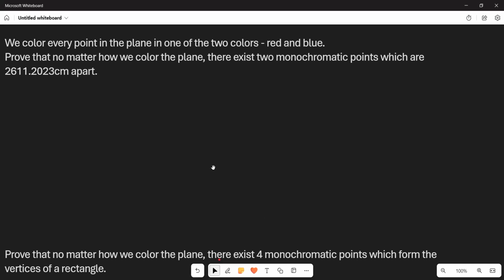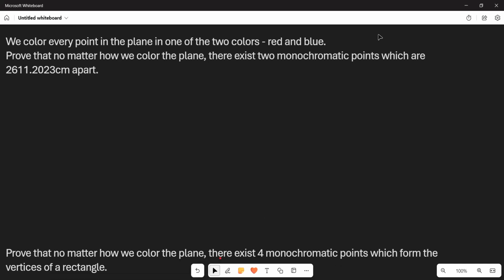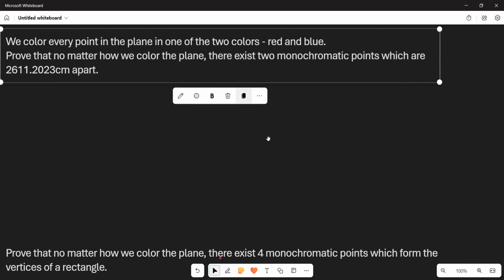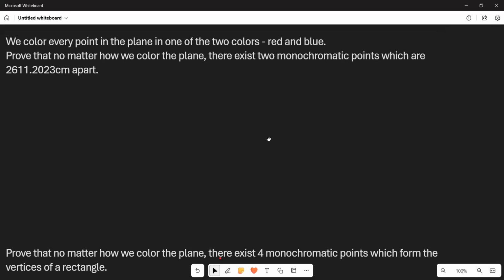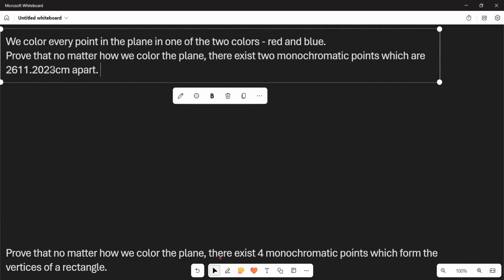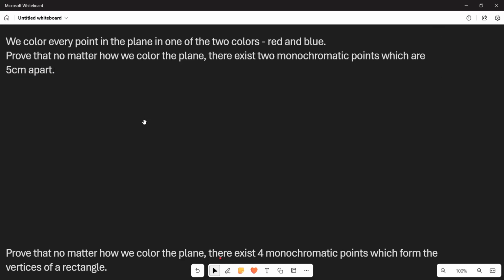So why don't we do this? Let's say I'm lying, and there is some coloring in which no matter what. Let's solve this for 5 centimeters, and you'll see it's easily generalizable to any length you want.